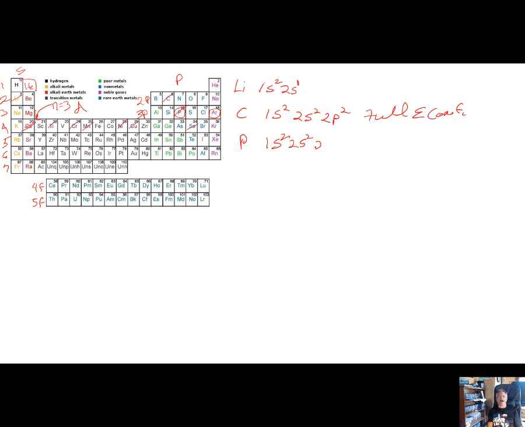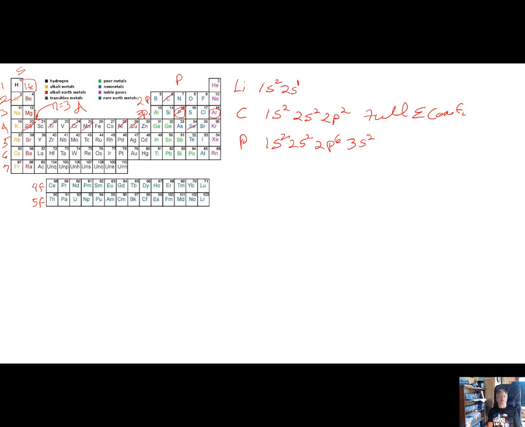Remember, you have to fill the lower energy orbitals first, and there are 6 electrons you can put in any p subshell: 1, 2, 3, 4, 5, and 6. So that's 2p6. Then we drop down to n equals 3 and do 3s2.